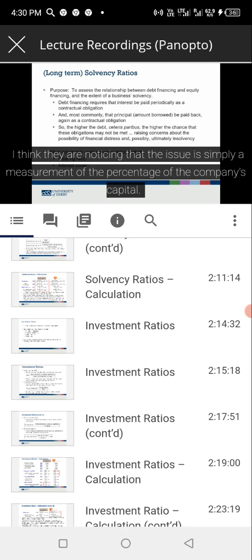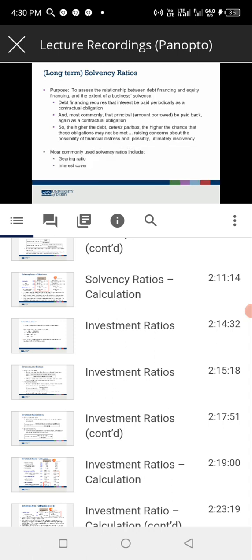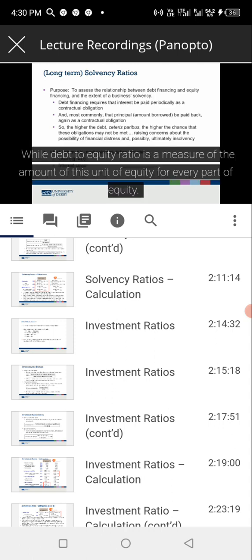Gearing ratio is simply a measure of the percentage of the company's capital that is debt. It's looking at debt capital as a percentage of the total capital of the company. While the debt to equity ratio is a measure of the amount of debt per unit of equity.